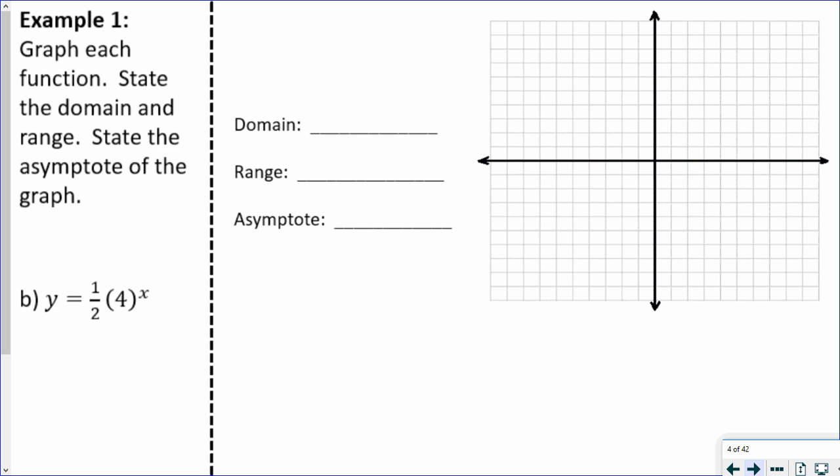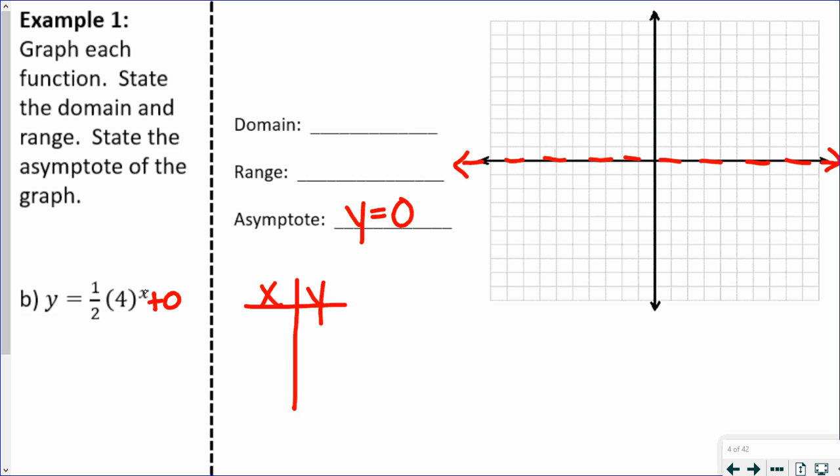All right, go ahead and pause it for a minute and see if you can do part B on your own, and then unpause to check your answer. Okay, if I'm just looking at the graph, I'm going to do the asymptote first. Since there's no number out here, that's like saying plus 0. So the asymptote is y equals 0, and I'm going to put that on my graph. Then I'm going to make a table and plug in easy stuff again.